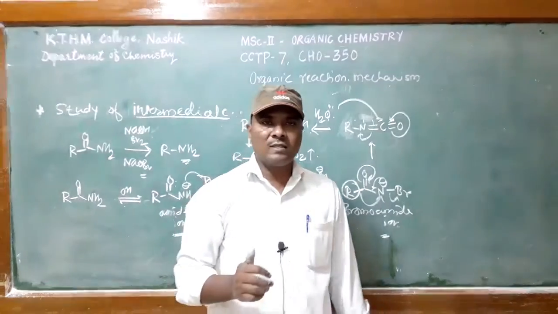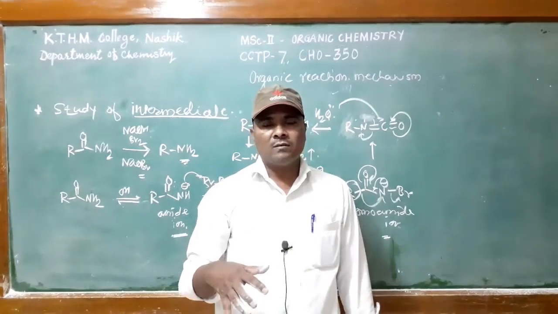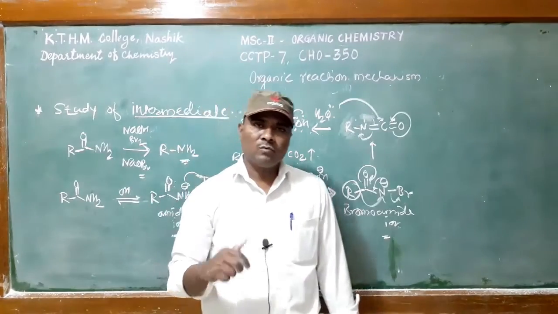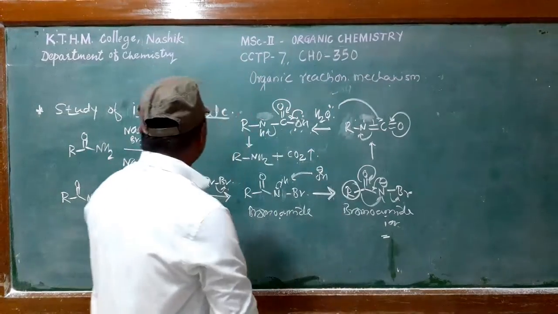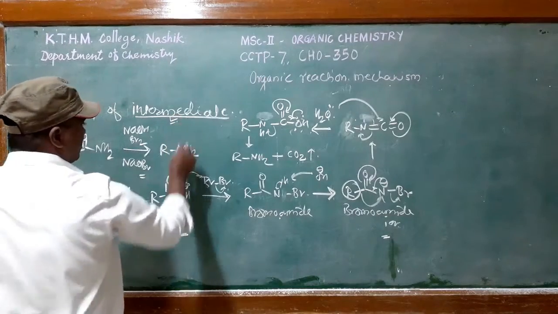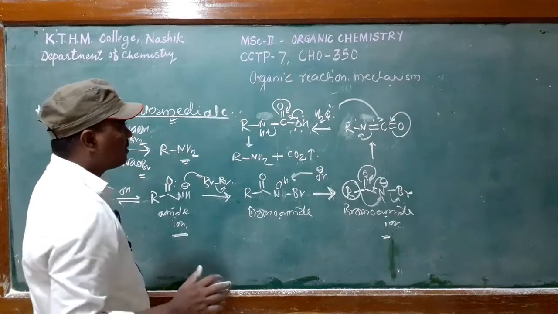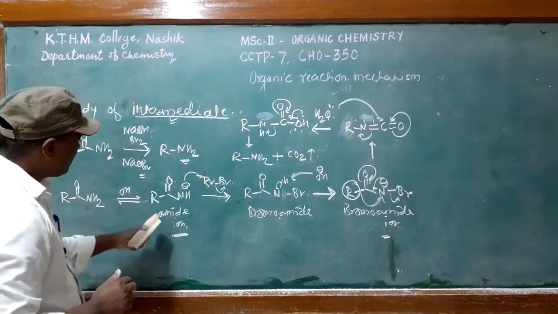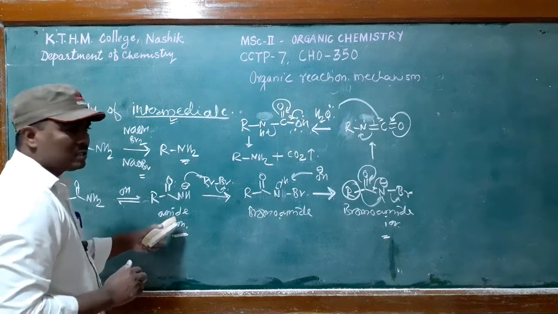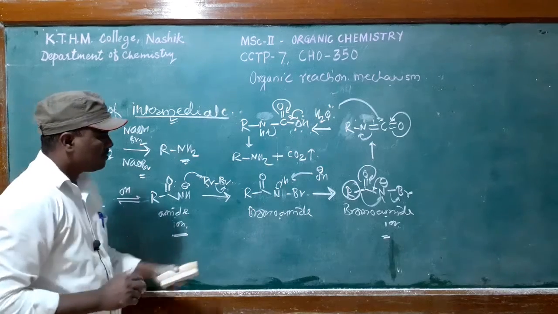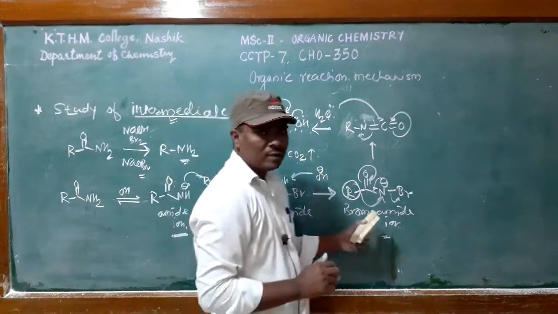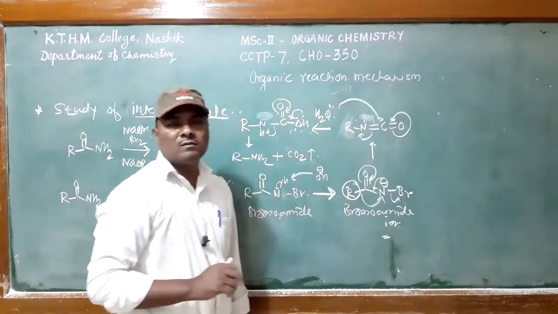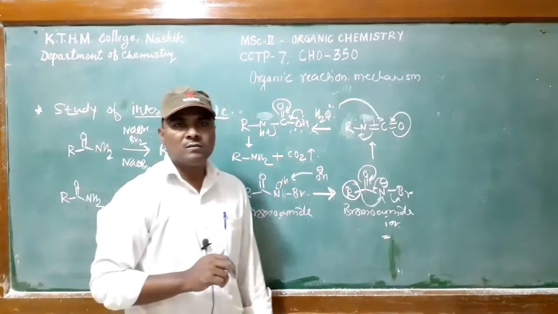Even if a free radical is there, by trapping with a radical scavenger, that is TEMPO, one can determine the reaction mechanism. So this is the best example, which you have studied in your previous year. By isolating either this amide ion or this bromoamide ion, the pathway of this reaction has been determined.